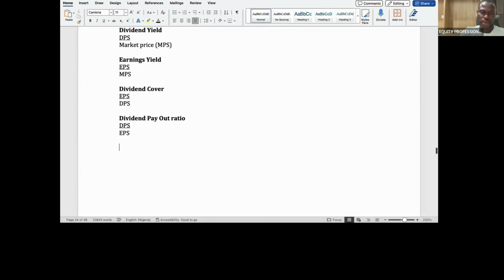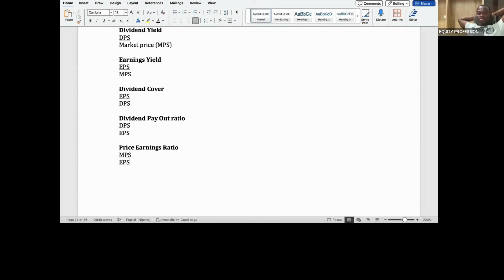Then you have price earnings. What's the formula for this? Price earnings ratio. That should be market price all over EPS.